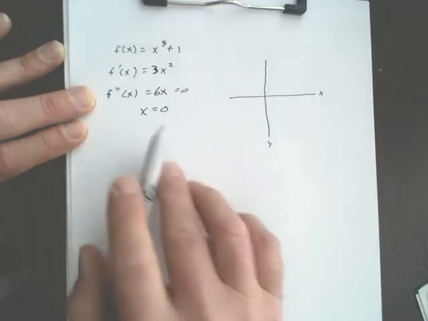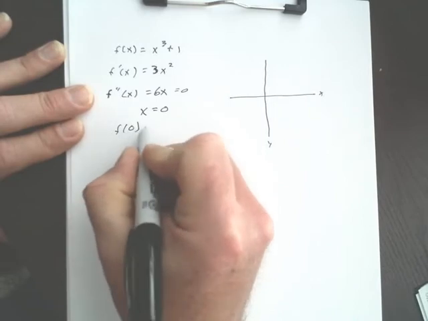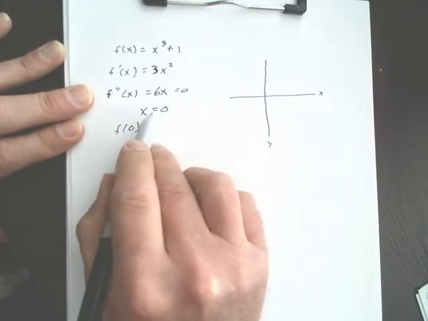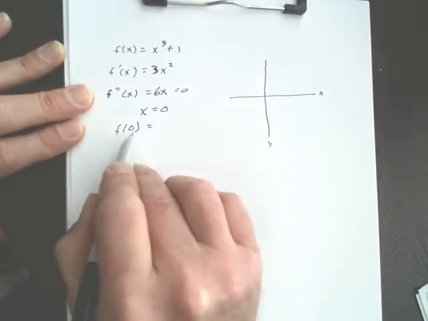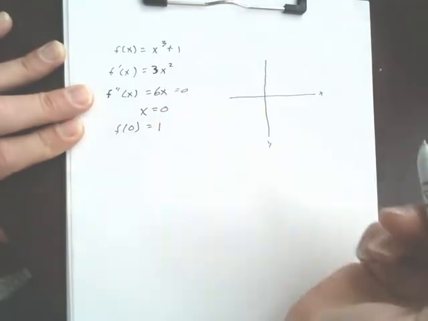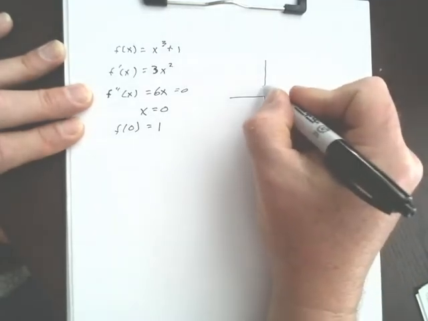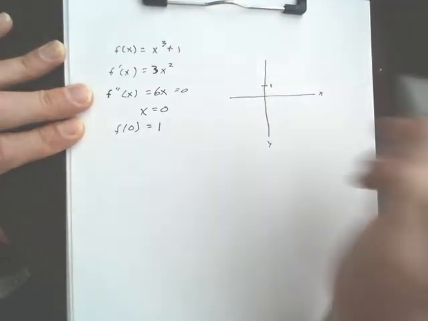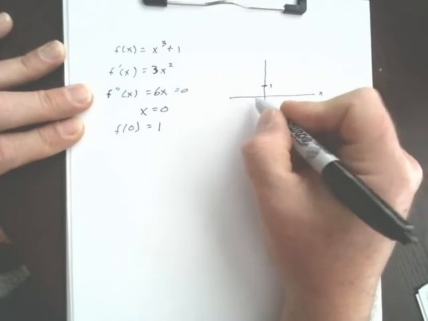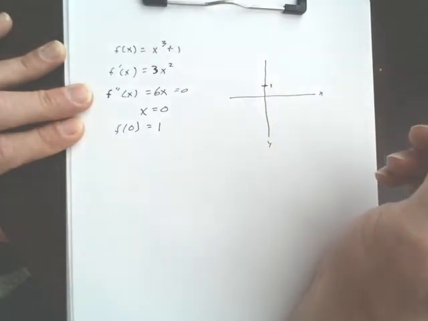But when we then plug that back into the main function to find the y coordinate, guess what? F of 0 now equals 1 because of that 1 there. In other words, when x is 0, y is 1, and that's our new inflection point. Okay, that is our new inflection point.